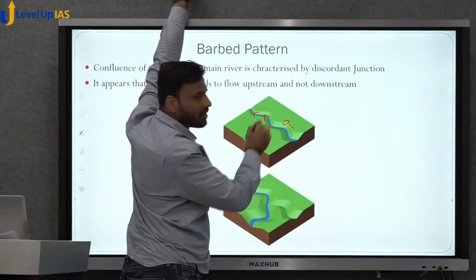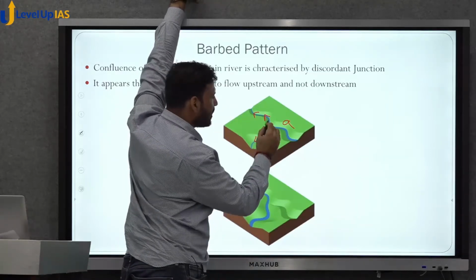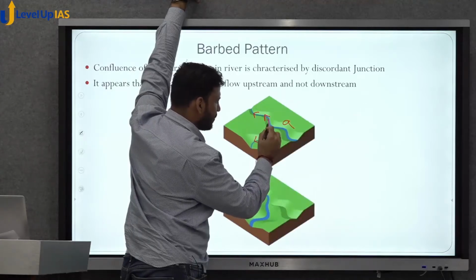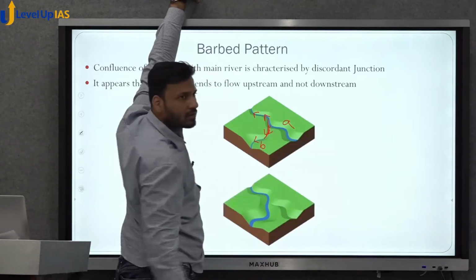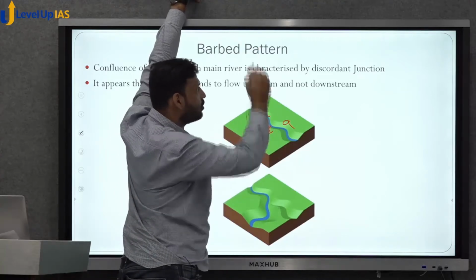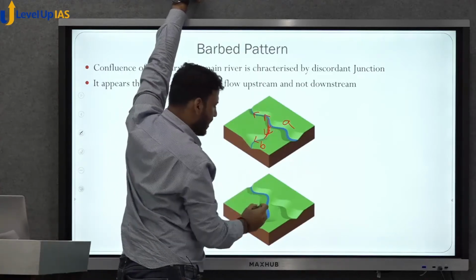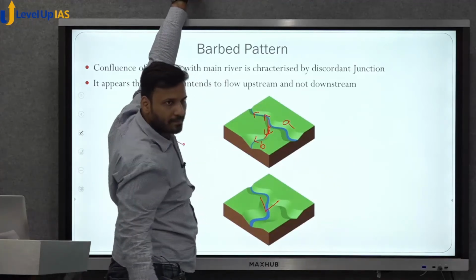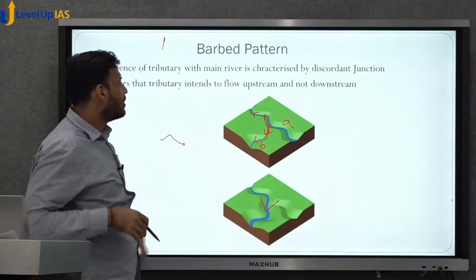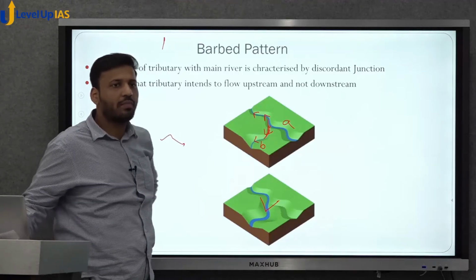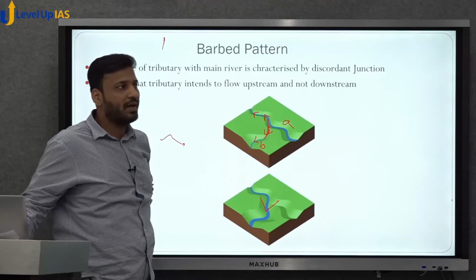It captures river A. The direction of flow of river A changes and it starts flowing in this direction. So initially, the river was flowing in the upper direction. Now it has started flowing in the lower direction. This is called river capturing or barbed type of drainage pattern.